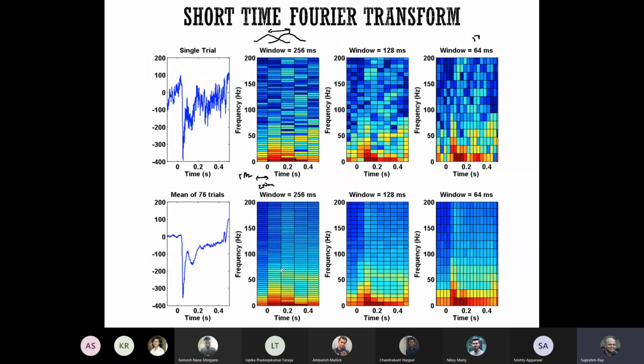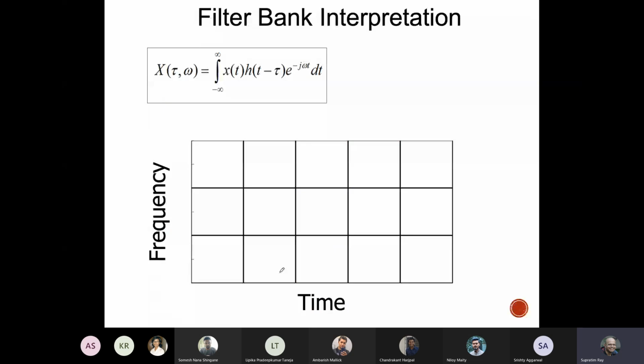When you said that this window size on the time axis is not exactly 256 milliseconds over here, and it has some 50%, what are we doing when you have an overlap?